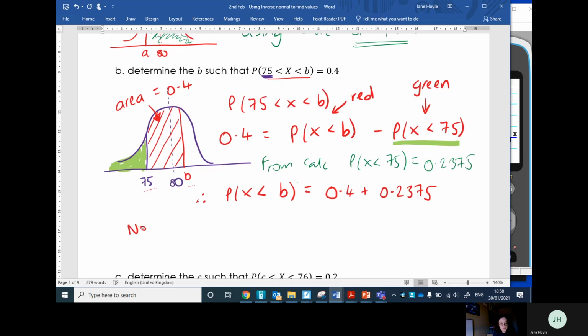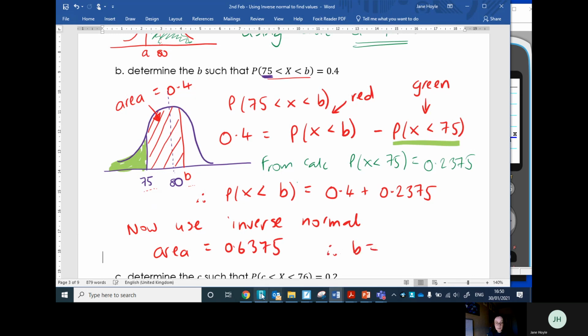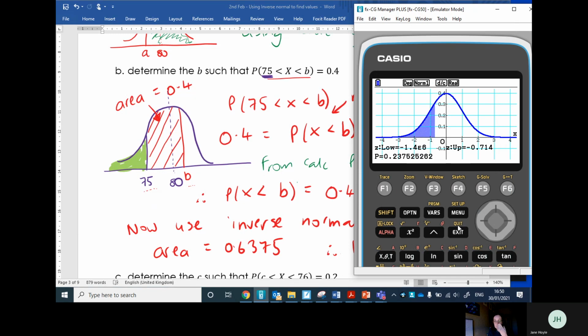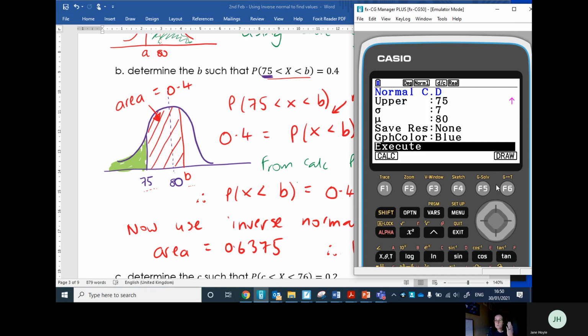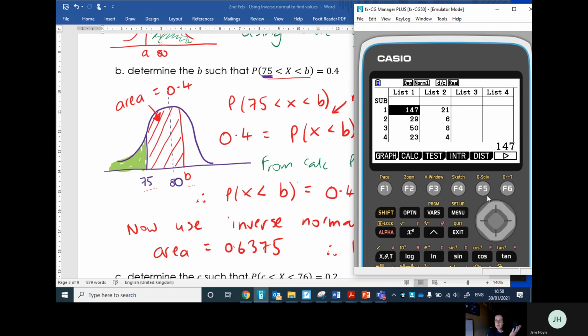So I now use that in my inverse. So now use inverse normal with an area of 0.6375. And we get that B is, so go to the calculator, exit again, distribution, normal, inverse normal.